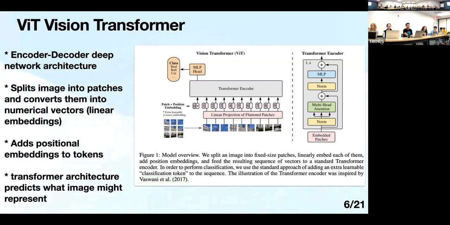After that, it also adds positional embeddings to these image tokens, and the transformer architecture just predicts what the image might represent. That's one use of the vision transformer.